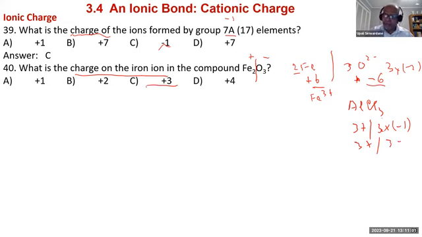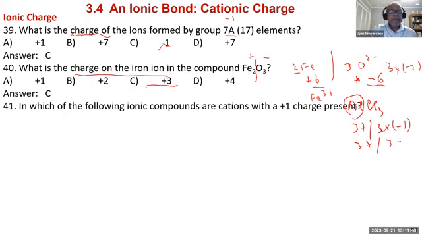Therefore, in aluminum chloride, aluminum has 3 plus. You can pick up any ionic compound and figure out the charge on the cation and anion. For question number 40, the charge on the ion is 3 plus.